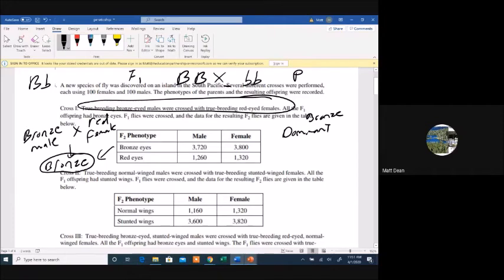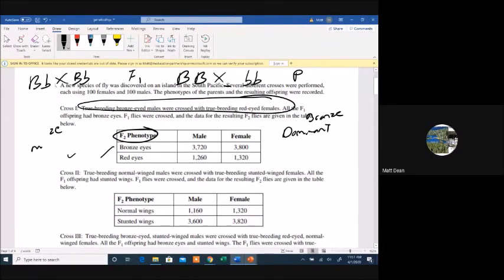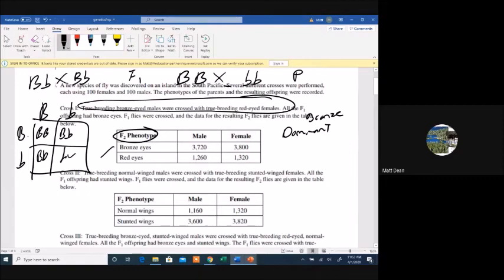If we crossed 2 F1s, and by the way, that's how you get the F2 generation, you cross 2 of the F1s. If we did a Punnett square for that cross, what I'm hoping you would see is that we would expect these 3 to all be bronze and this one to be red-eyed.